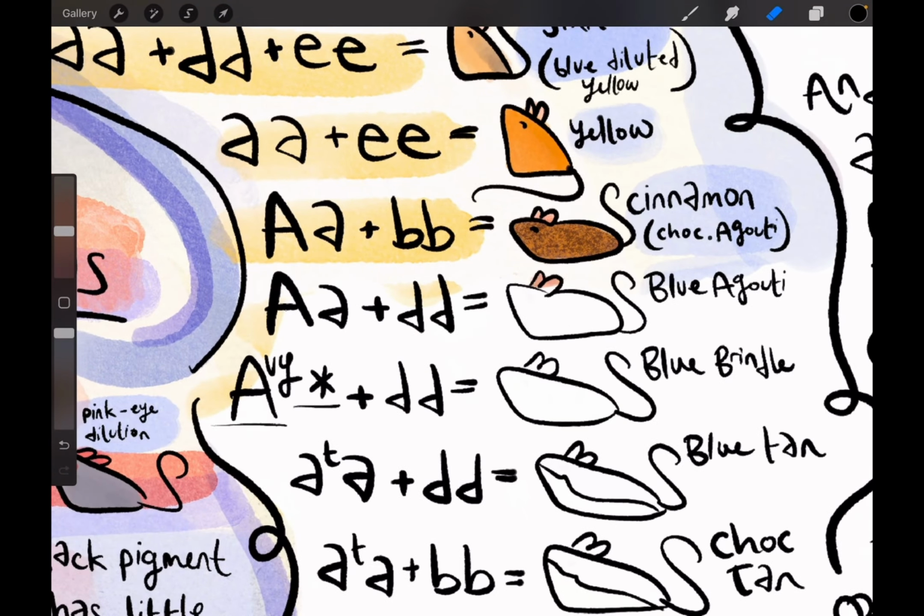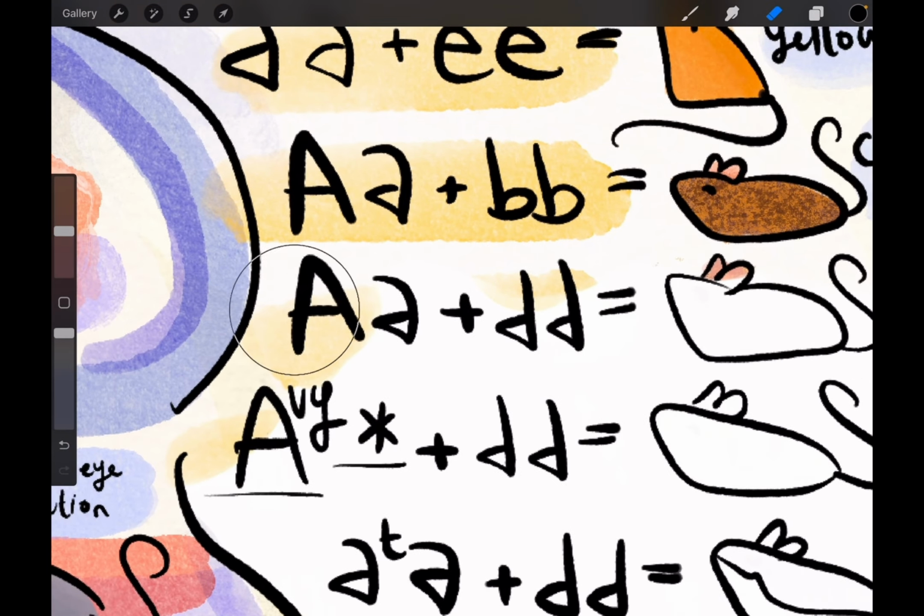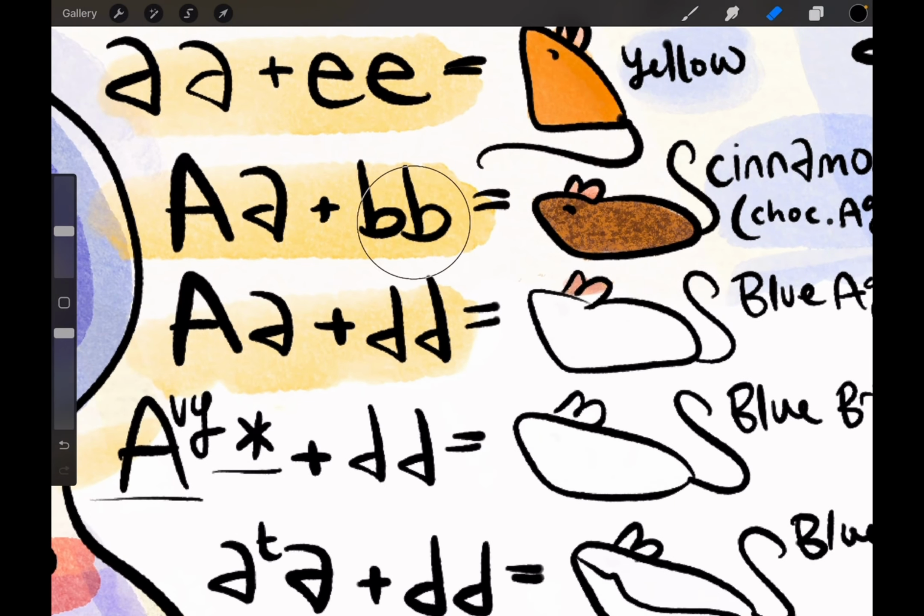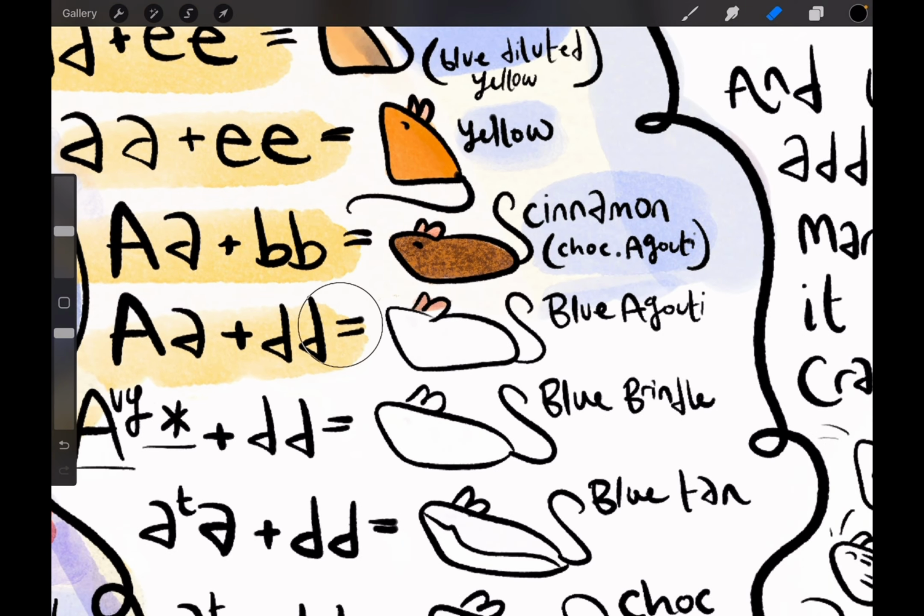And then we've got another agouti, as you can see, dominant A here, with the black self that gets overpowered, left in the dust, plus DD this time. So before we had chocolate dilution, now we have blue dilution, lowercase dd, homozygous, and that gives us a blue agouti.